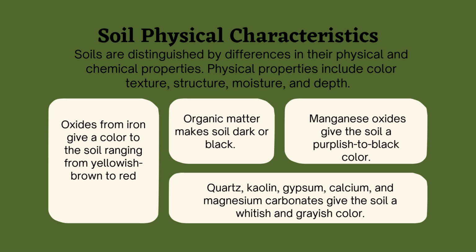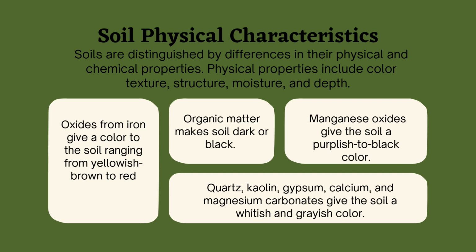The properties that make up the color, texture, structure, moisture, and depth: organic matter makes the soil dark. When the color is red, brownish, or yellowish, this is from the iron, which oxidizes.